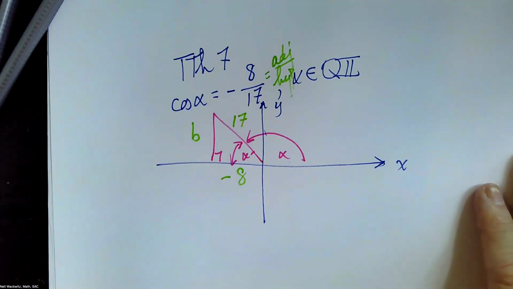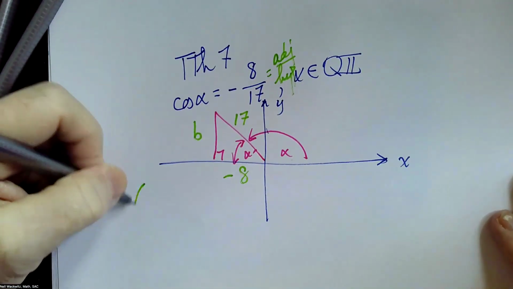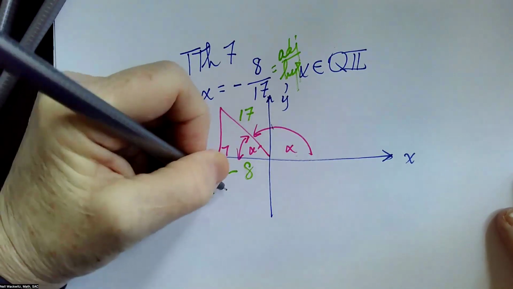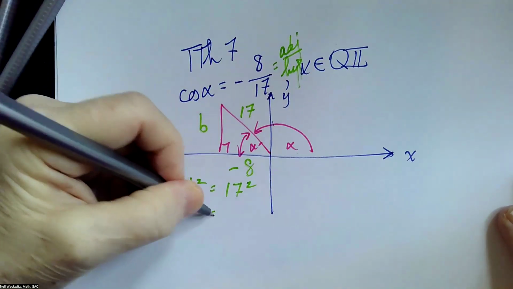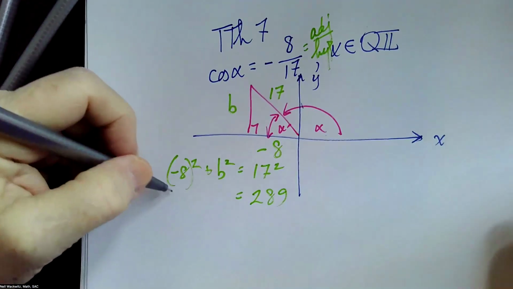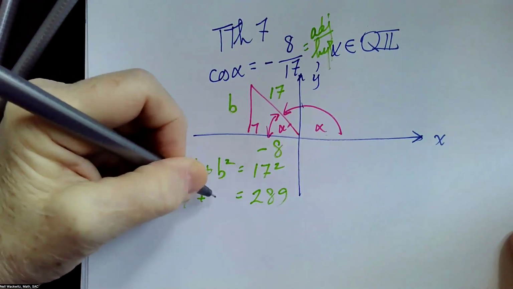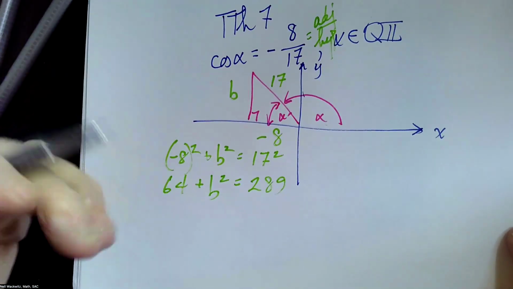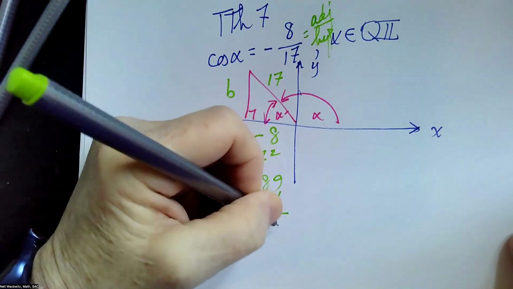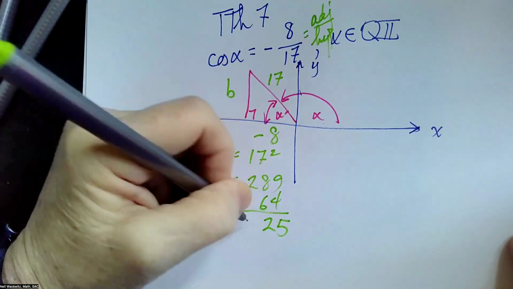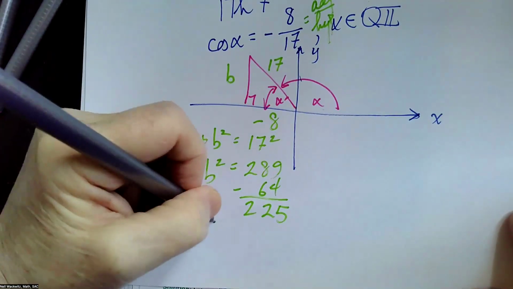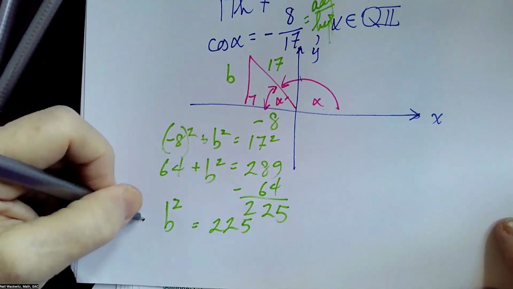To find b, we're going to use the Pythagorean theorem. 17 squared is 289, 8 squared is 64. So I'm going to subtract 64 from both sides. And I get that b squared is 225.